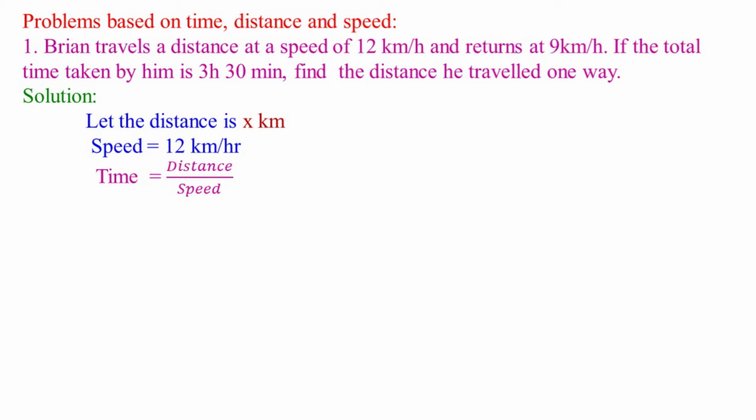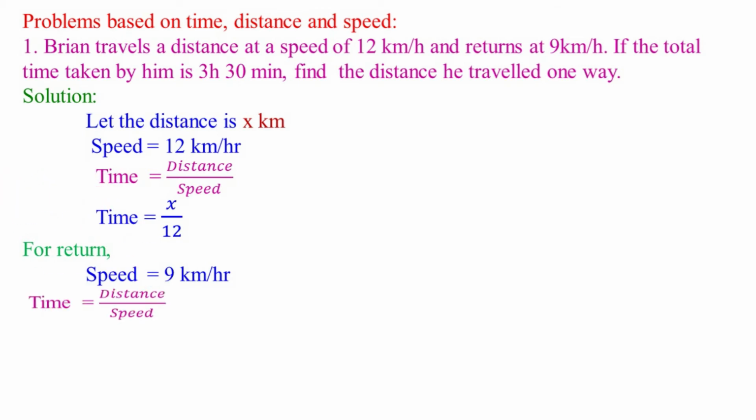Therefore, we substitute x in the place of distance and 12 in the place of speed. The time becomes x/12, right? While returning, his speed is 9 km per hour. Again you have to substitute in the formula time = distance/speed. Here x/9.